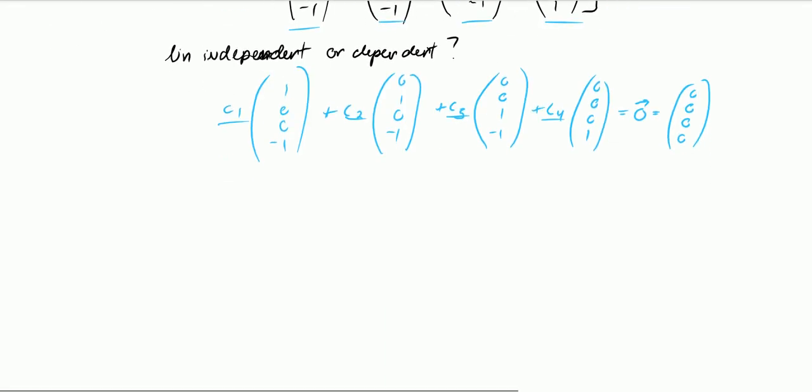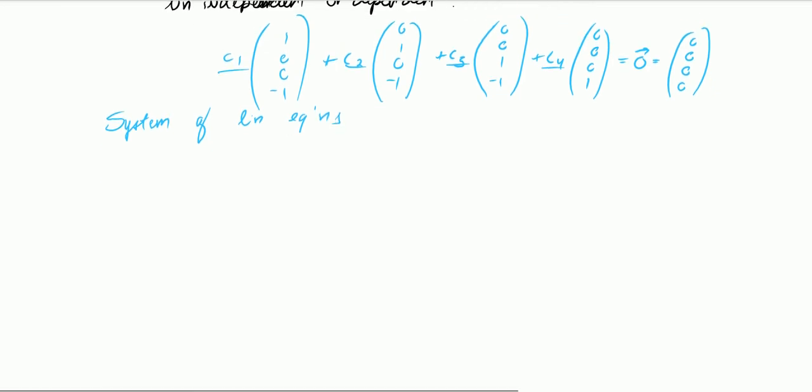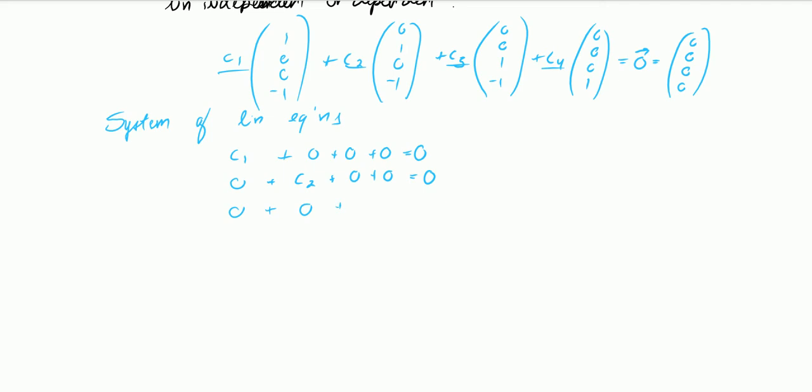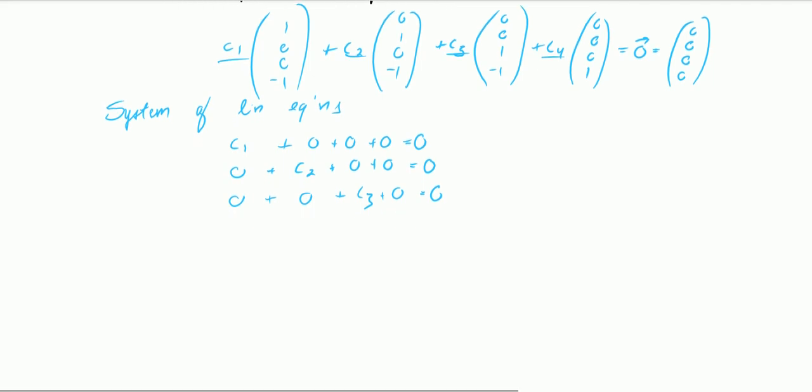So what I do is I create a system of linear equations. I'll have C1 plus 0 plus 0 plus 0 equals 0, and then 0 plus C2 plus 0 plus 0 equals 0, and then 0 plus 0 plus C3 plus 0 equals 0, and then minus C1 minus C2 minus C3 plus C4 equals 0.